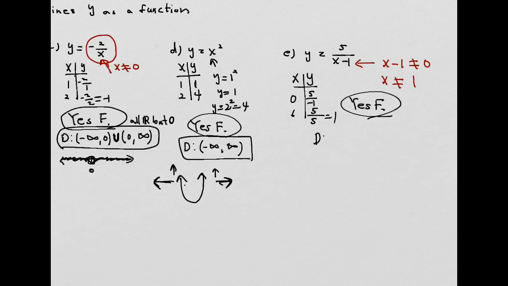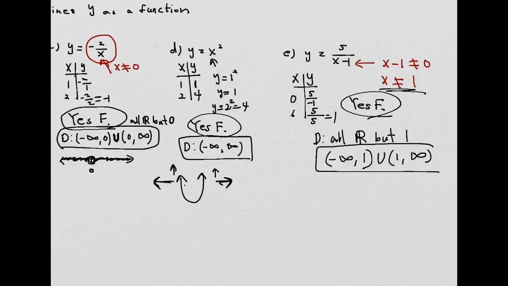And your domain is all real numbers but 1, right? This restriction right here. How do we show that in interval notation? Negative infinity to 1, not included, 1 to positive infinity. So that will be your domain.